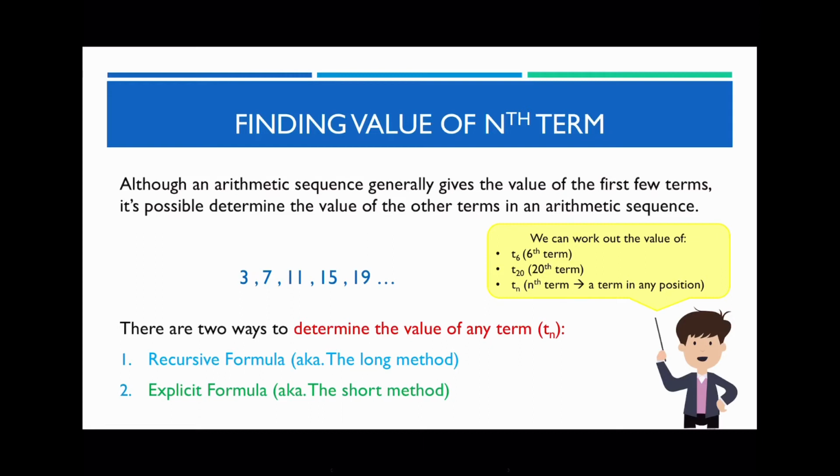So in my number sequence 3, 7, 11, 15, 19, I know that I've got the first 5 terms, but I could actually work out, for instance, the value of the 6th term, the value of the 20th term, or I can even find out the value of the 100 millionth term if I really wanted to.